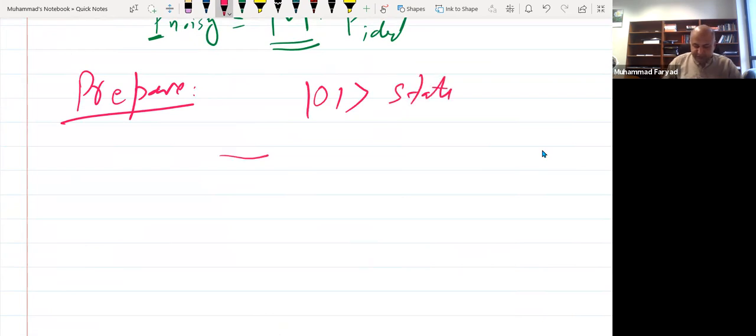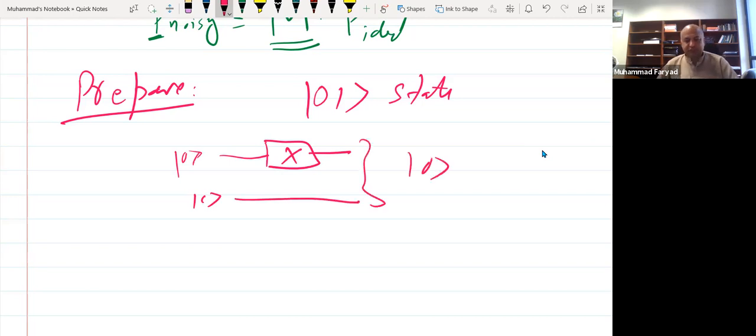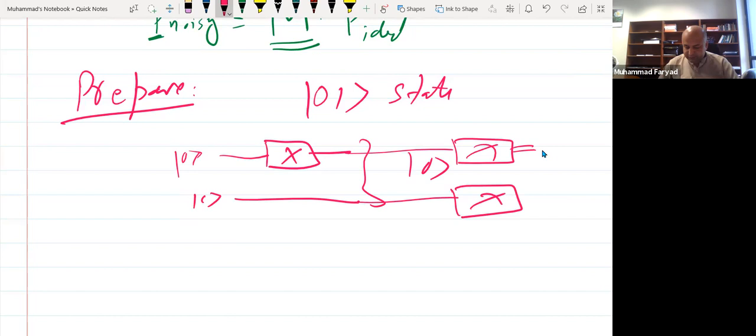It basically means that if you start from 0,0, you can perform an X gate on this qubit and nothing on this one. So this corresponds to the 0,1 state. And then we do this measurement. So ideally, I should get this.